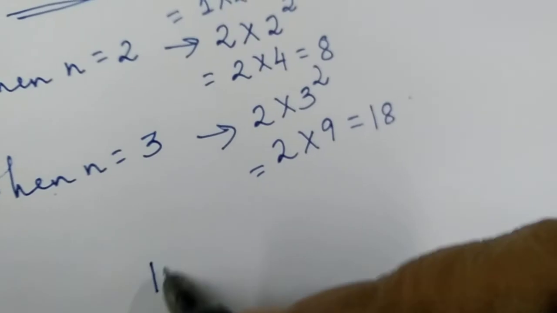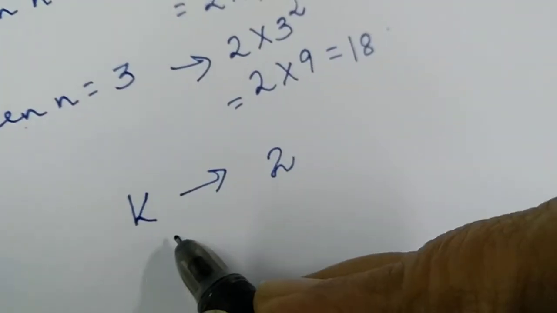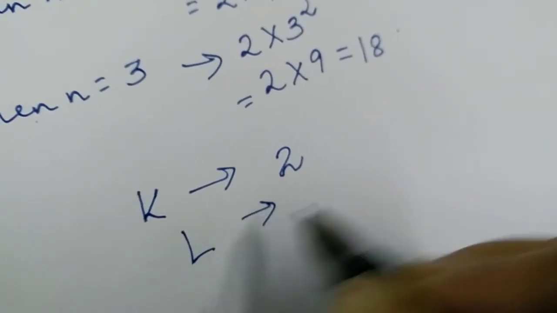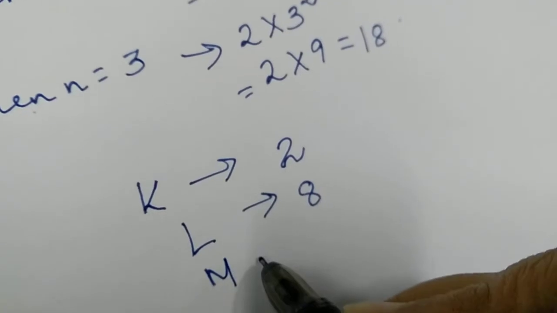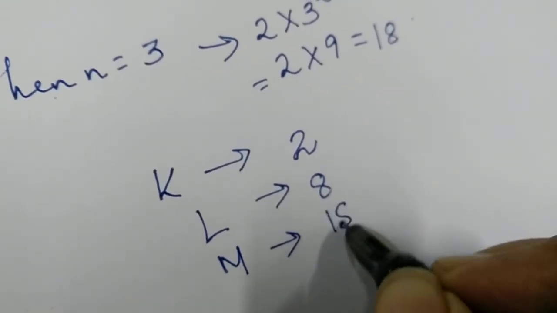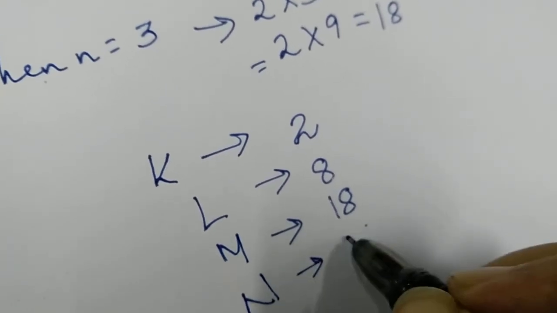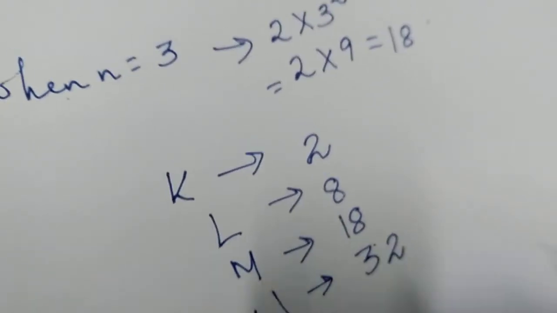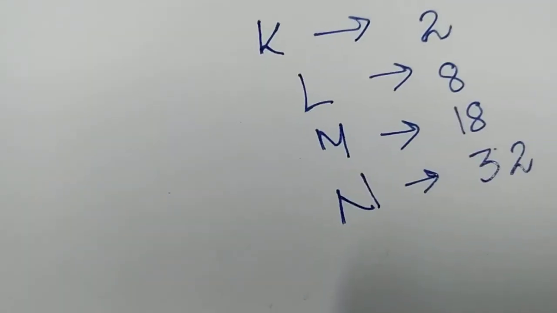That means the K shell will have 2 electrons, the L shell will have 8 electrons, the M shell will have 18 electrons, the N shell will have 32 electrons. This is the capacity of the shells to hold the electrons according to the rule.